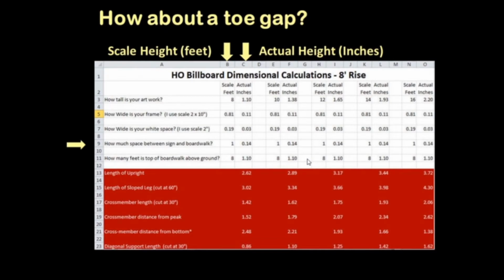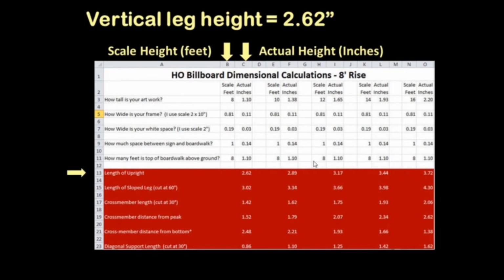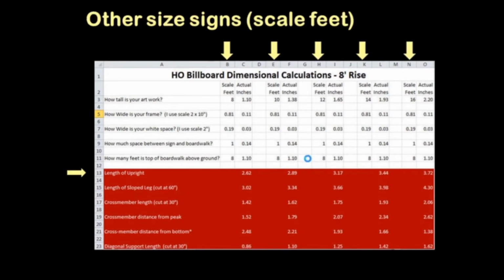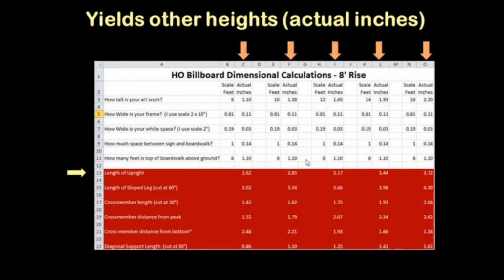Additionally, I like to add another scale foot, or 0.14 inches actual, to create an open toe gap area between the face frame and the boardwalk, for a total height of 19 scale feet, or 2.62 inches. But that's just me. If you want taller or shorter legs, make your decisions and cut some suitable length styrene for the vertical legs.